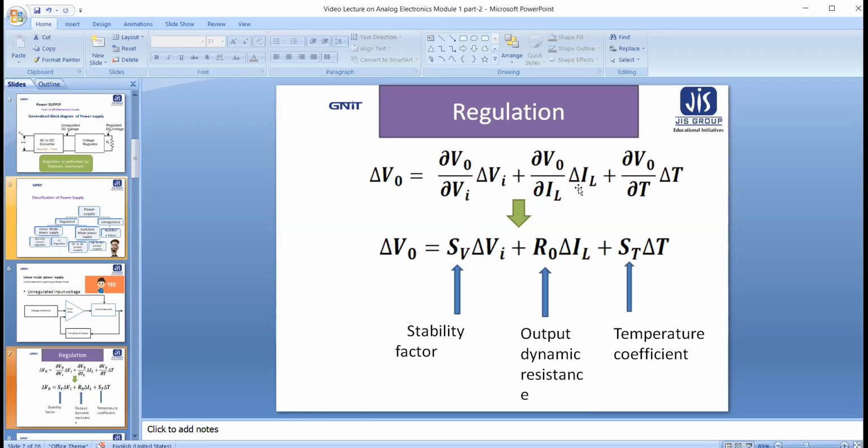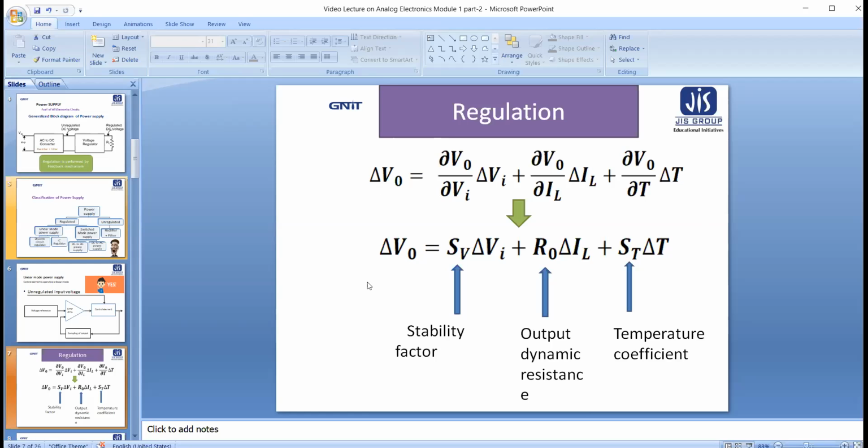It is also a function of the output current, that is a load current variation, and also there is a change in the temperature which will affect the output voltage change.